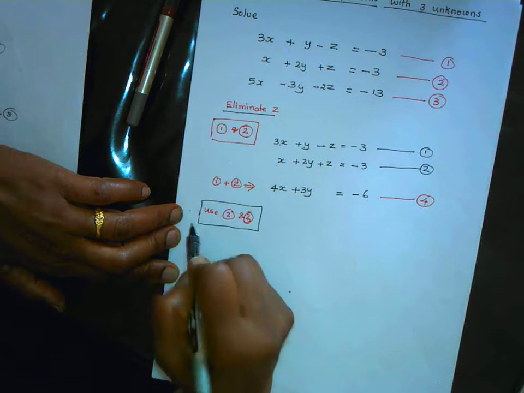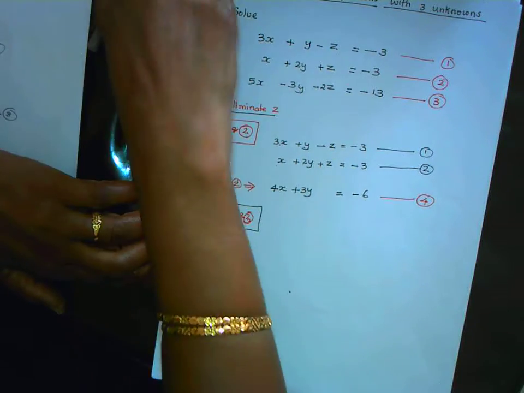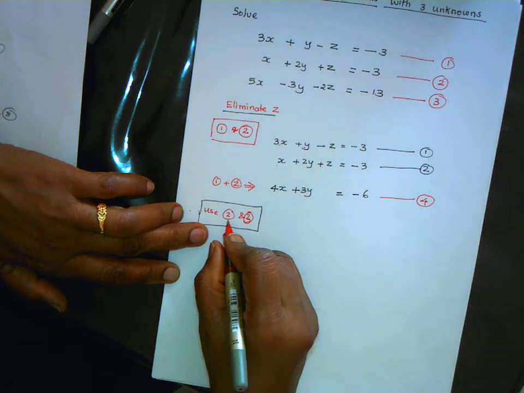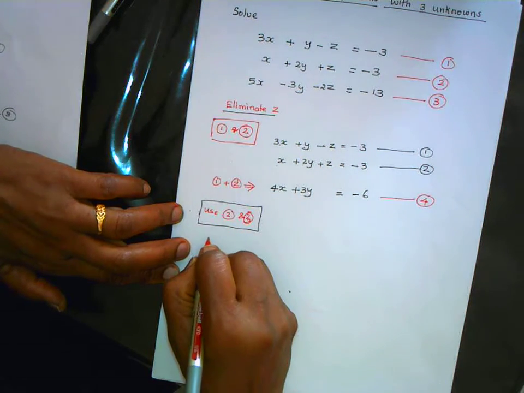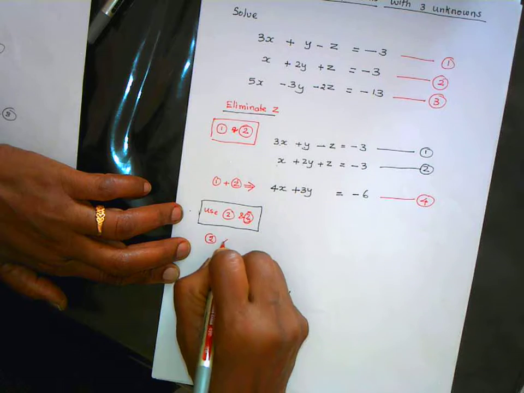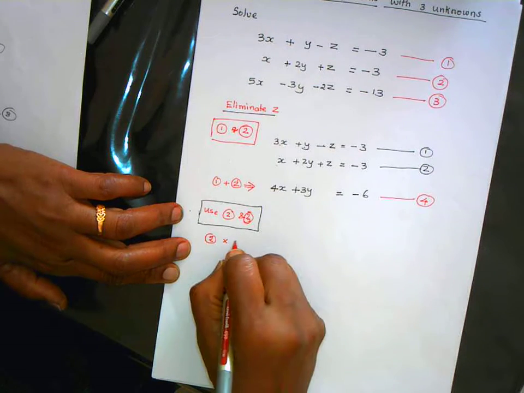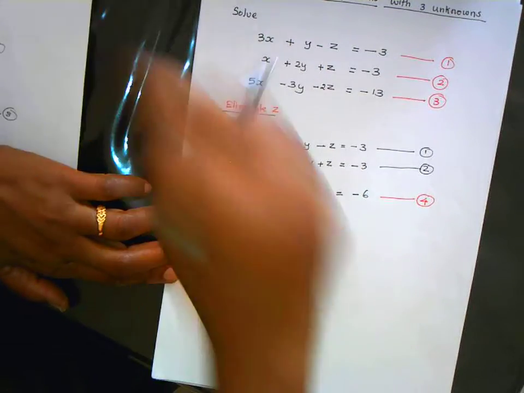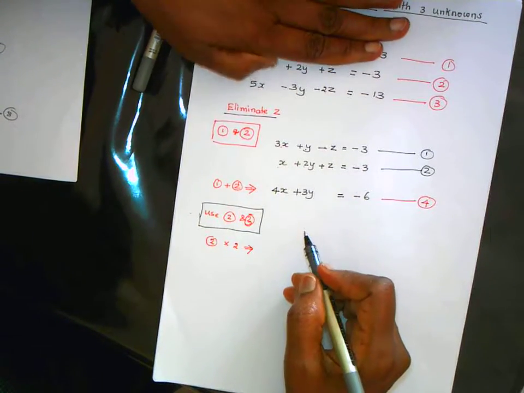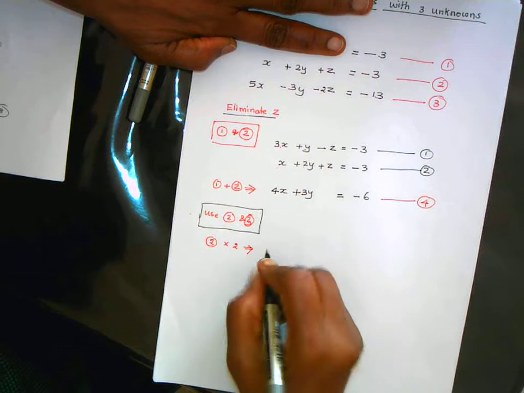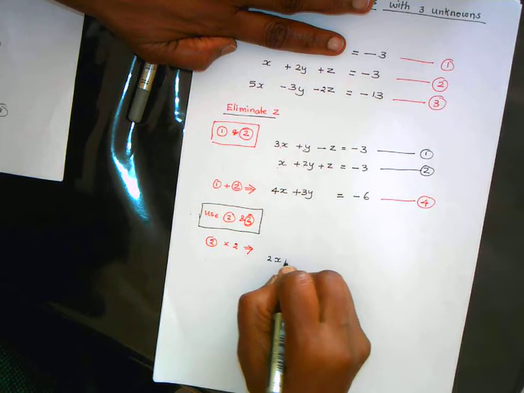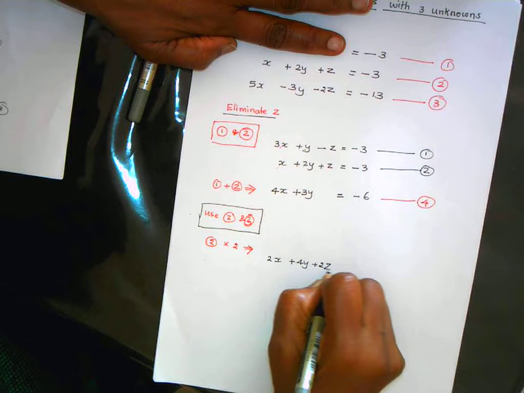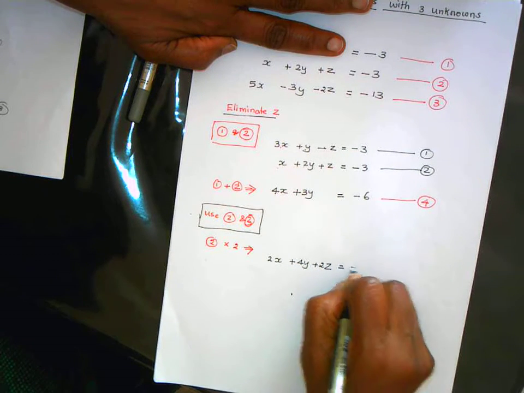Use 2 and 3. So I'm going to multiply equation 2 by 2. Equation 2 times 2 gives you 2x plus 4y plus 2z equals minus 6.